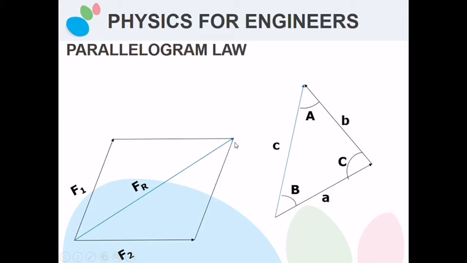The F sub R here is already the C. And then we know that in trigonometry, the opposite angle of side A is angle A. The opposite angle of side C is angle C. And the opposite angle of side B is angle B.